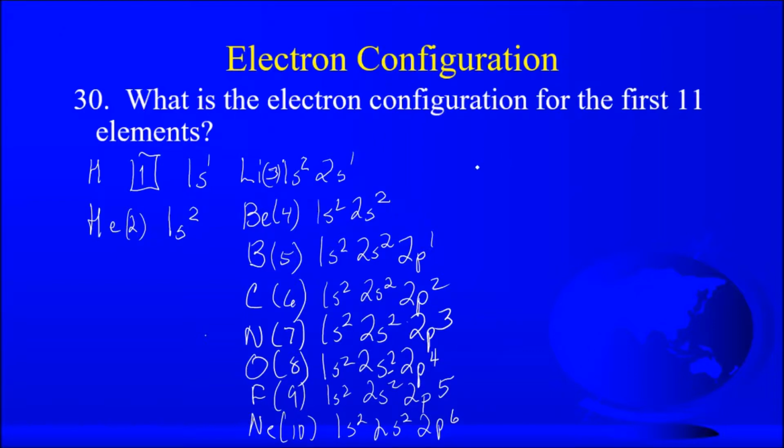Danielle, follow the pattern. You can't have 7 in the P section because 6 is the maximum.